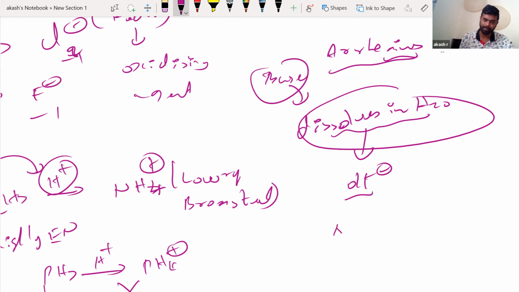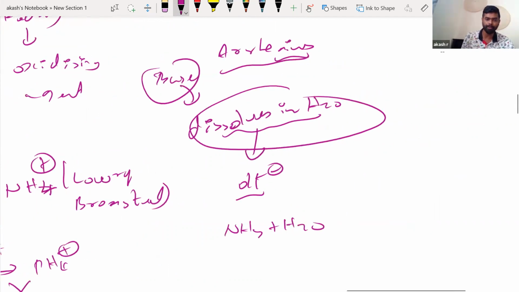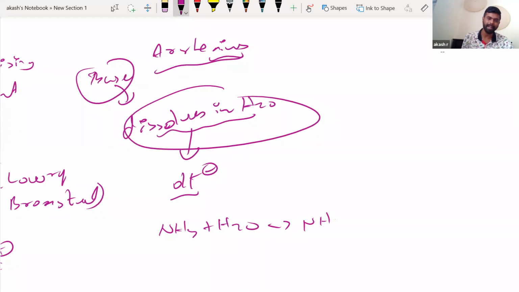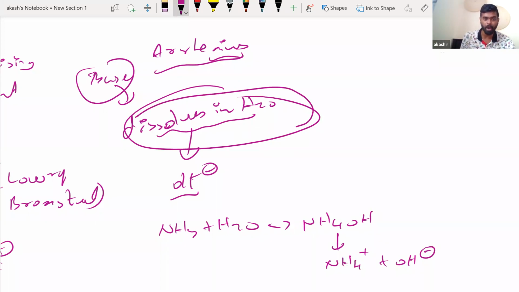Now you look at this NH3. If I try to dissolve it in water, what will form is NH4OH. And obviously I know this will dissociate to form NH4 plus and OH minus. Now, this is the property which I'm talking about.